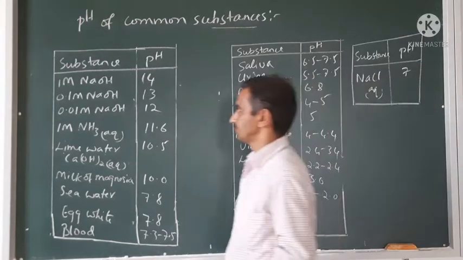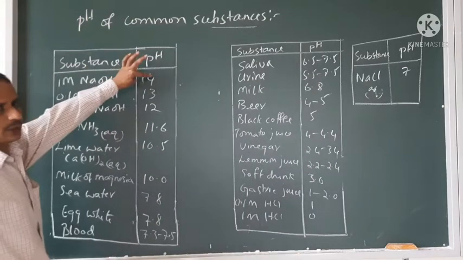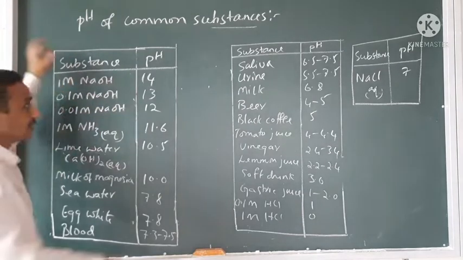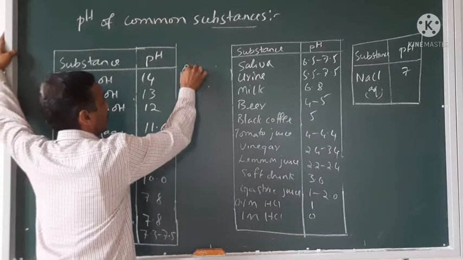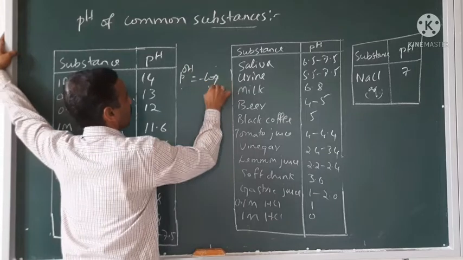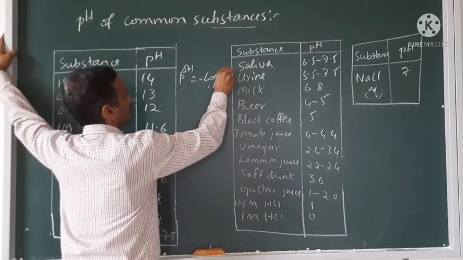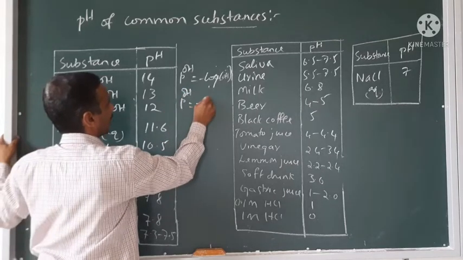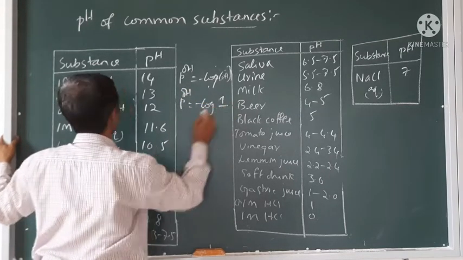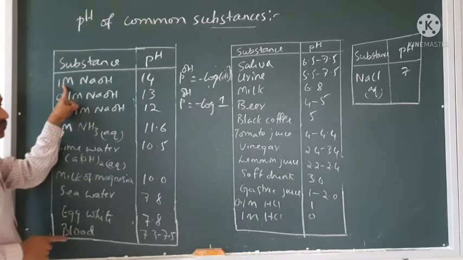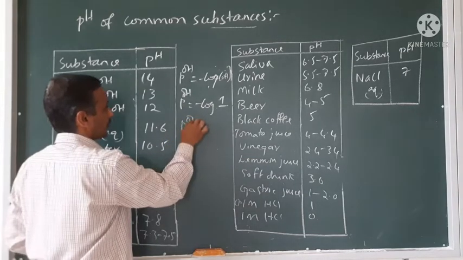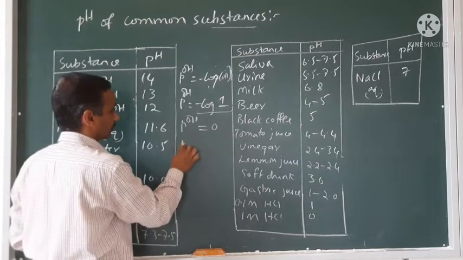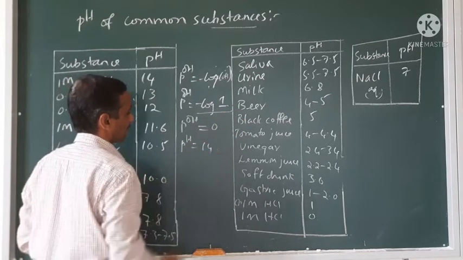So note down these values by heart. Now see here, 1 molar sodium hydroxide pH is 14. See, as sodium hydroxide is a base, first I have to calculate the pOH. pOH is equal to negative logarithm of OH minus concentration, and pOH is equal to negative logarithm of 1. Concentration is 1. So pOH is equal to 0 because log 1 is 0, so pH is equal to 14.